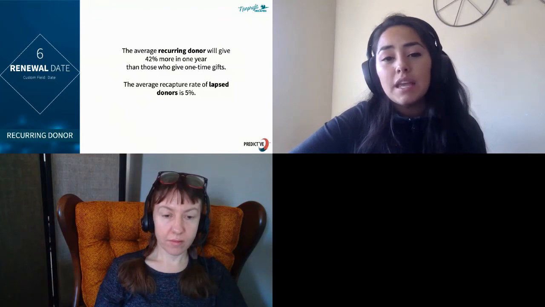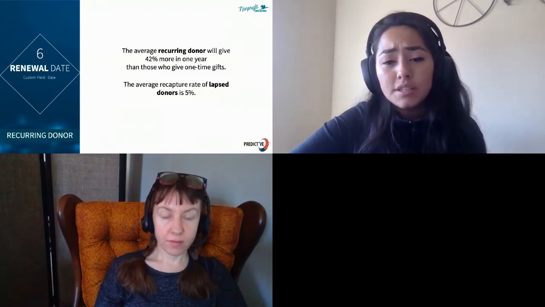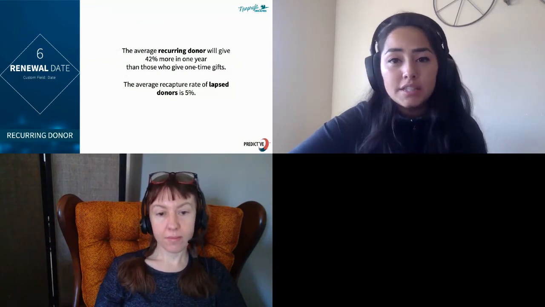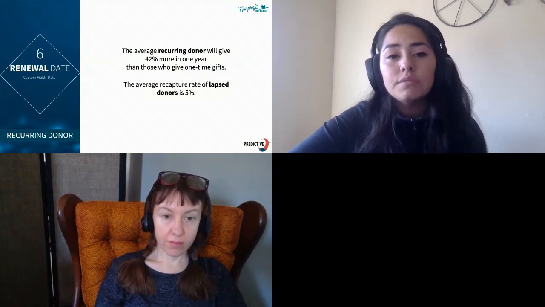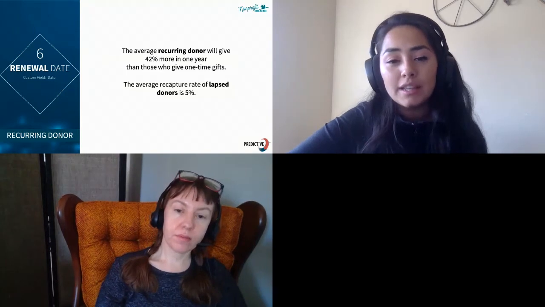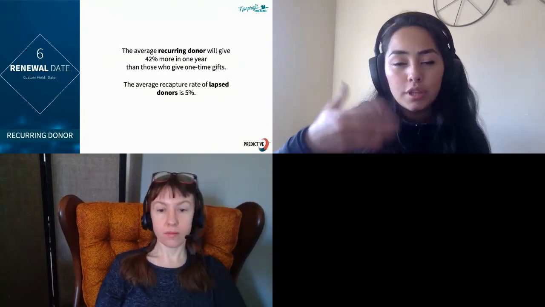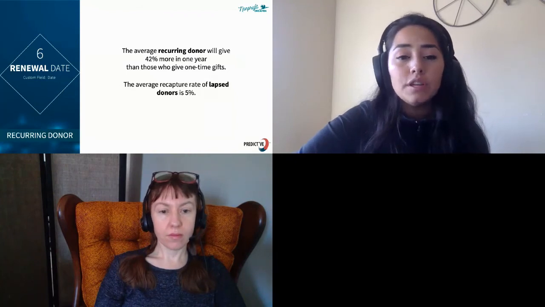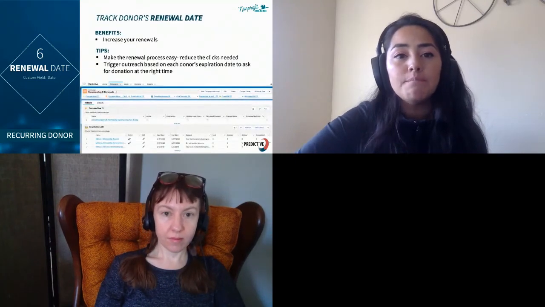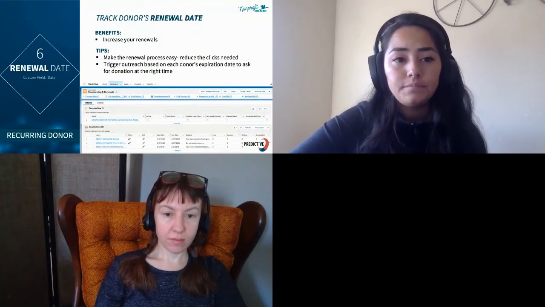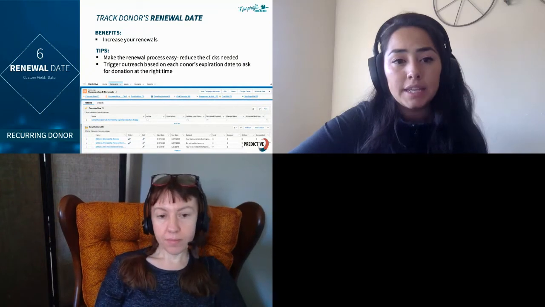So this means if a donor hasn't donated in the past 12 months, the chances of you winning that donor back are really low. So it's really important that you make sure that the donations are recurring. And the way you can do that is by making those renewals really easy and by tracking that renewal date.